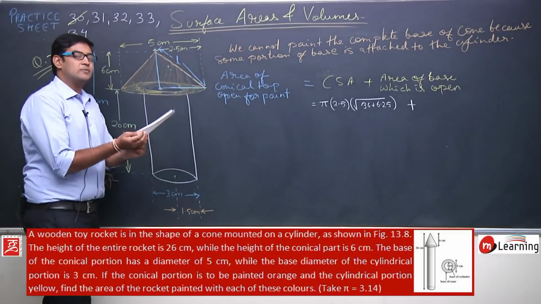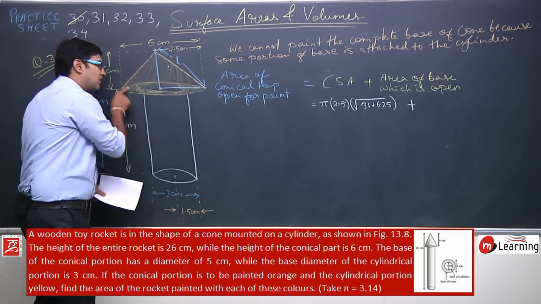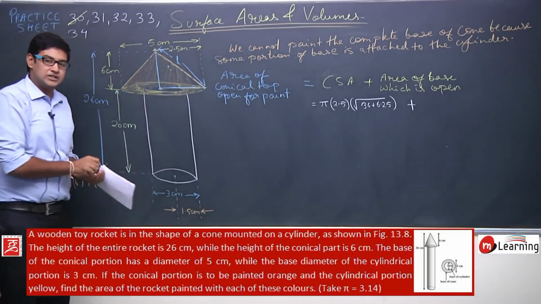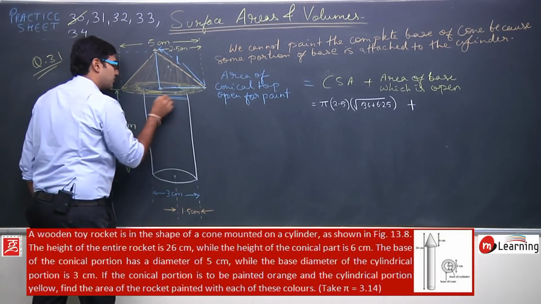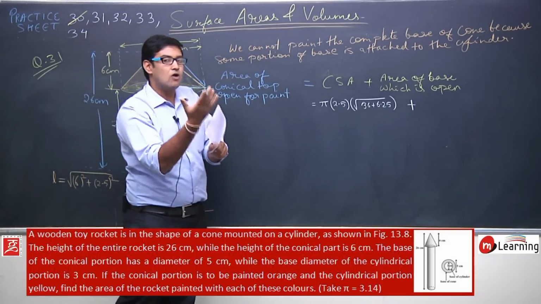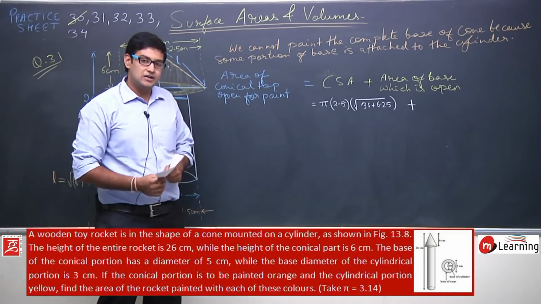Now how much area of the base is open to atmosphere? The complete area of the base includes this portion, and from this I subtract the area where the base of the cylinder is attached. So how much area of this conical base will be covered by the cylinder?